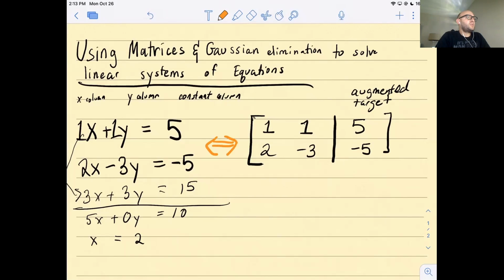We're now going to think about what the operations are that we can do on this matrix with an extra column, so this is called an augmented matrix. A matrix is just a rectangle of numbers, and then if you want to add a column that represents the target, you just put a little bar and extend your rectangle of numbers a little bit.